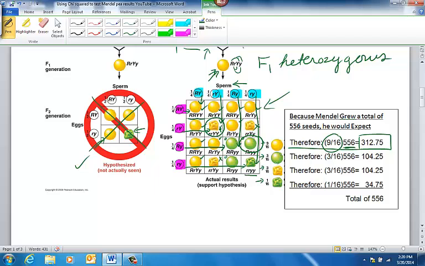And then how many should be green and round? Well, 3/16. So 3/16 of 556 is 104.25. And again, 3/16 for the wrinkled yellow. So 104.25. And 1/16 of the double recessive would be 34.75. And just checking our math, yes, if we did our math correctly, our total should be 556.